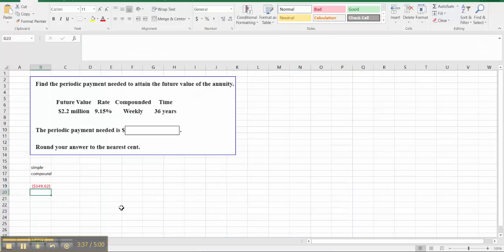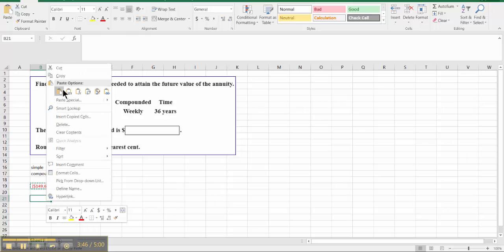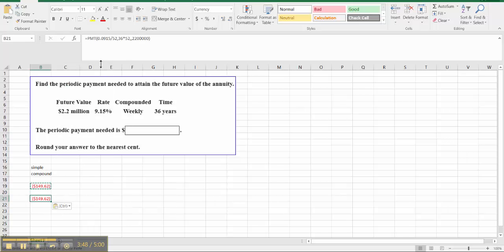Okay, now for another thing. So let's say, just so you see what I'm talking about, let's say instead of saying future value, this one had said present value. So I'm going to copy this down here so it's the same thing. Now the difference, if you come up here, you see where we did the comma thing? So I'm going to delete all that back, and we're at the point where I would enter the value.